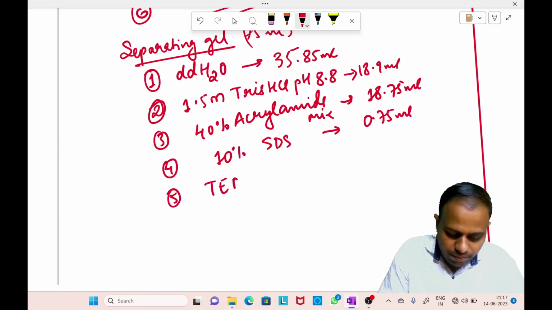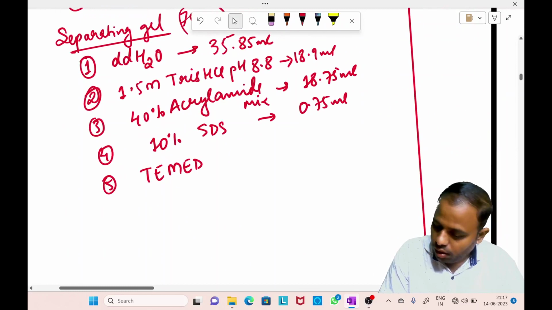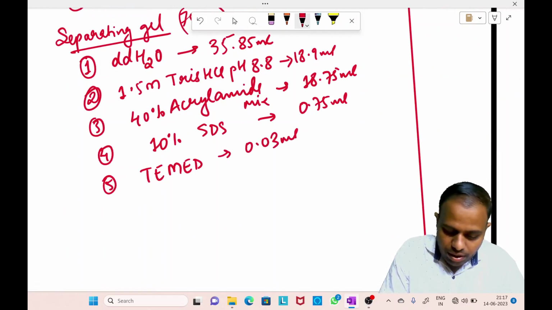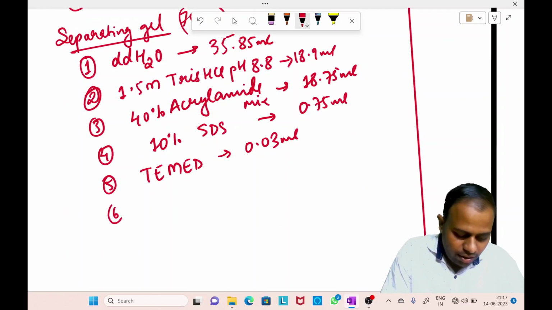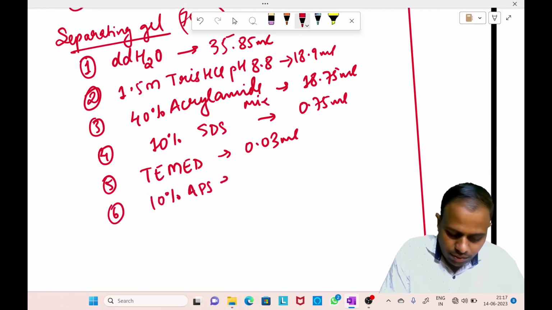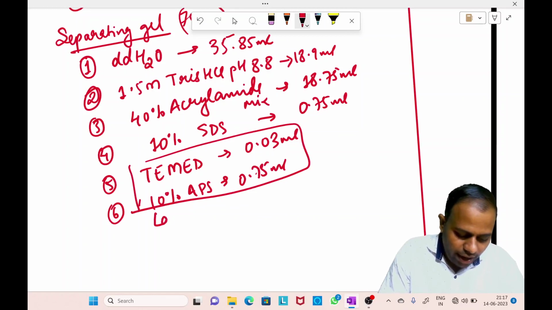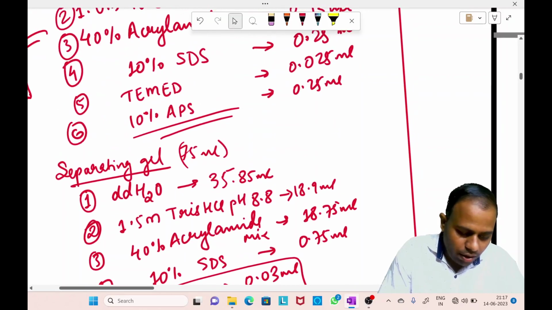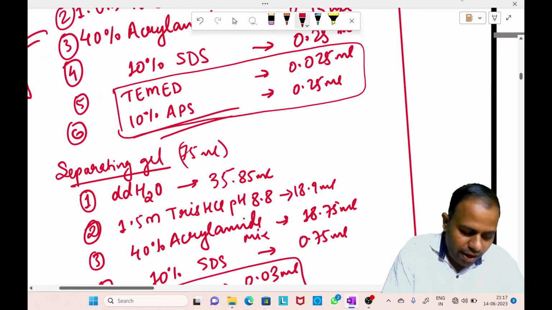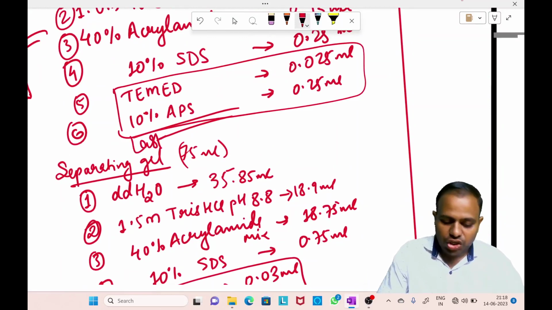Then TEMED, you have to add 0.03 ml, and then 10% APS, 0.75 ml. Remember, the TEMED and APS have to be added last. In the upper part also this has to be added last, because once you add this, the polymerization will gradually start.